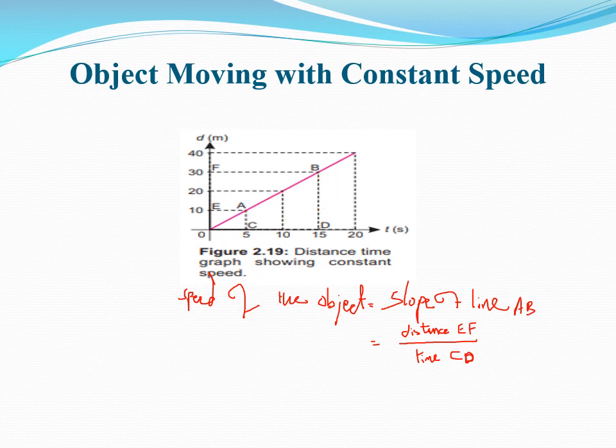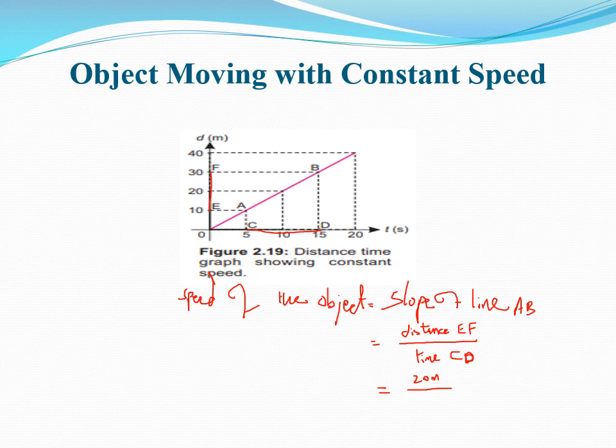So let's put some numerical values here. Going from E to F, how much distance is covered? It goes from 10 meters to 30 meters, meaning there are 20 meters. And for this distance, how much time is spent?